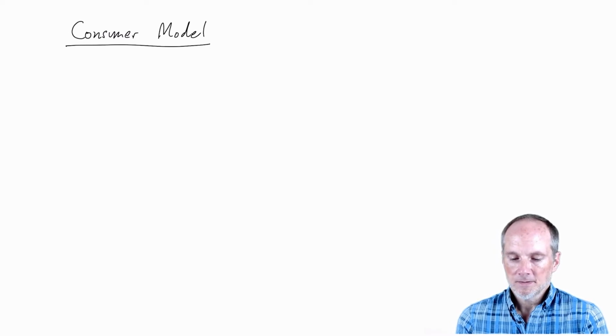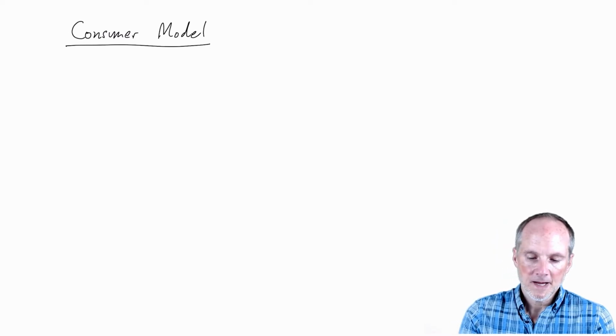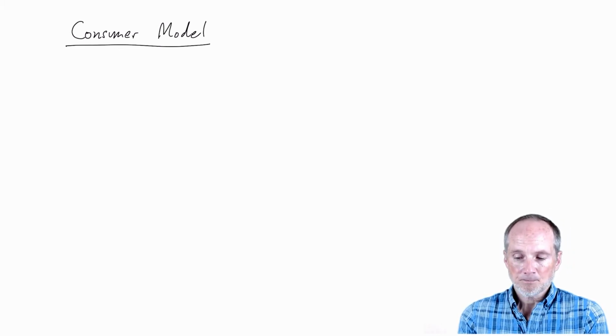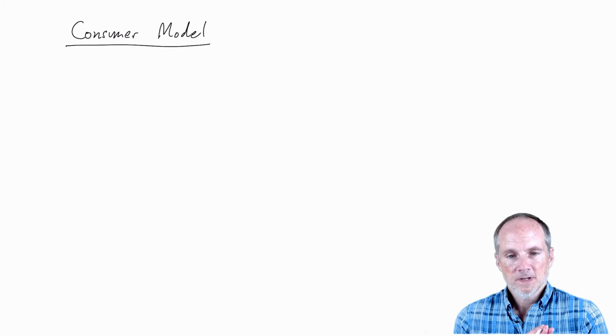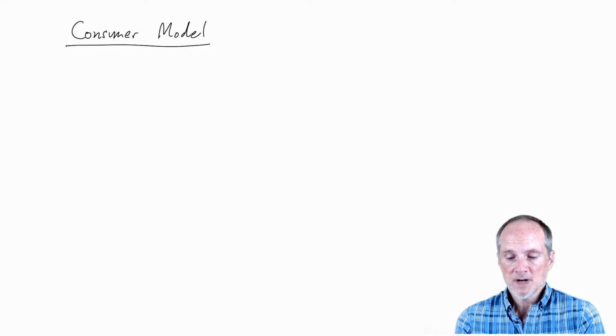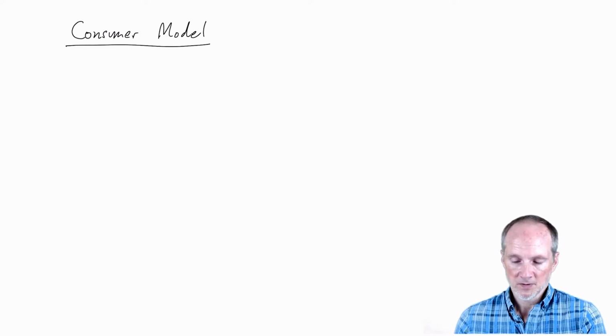As with previous models, I want to start with a set of conceivable choices for the consumer. Now, this is really the canonical consumer model, and the way we're going to think about it is a consumer who has to decide how much of a certain number of goods to consume.